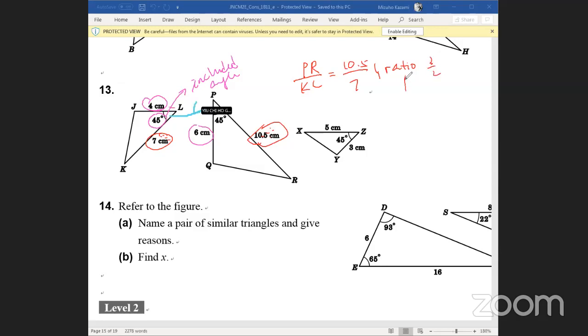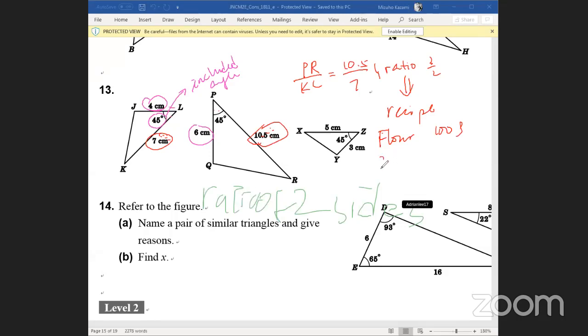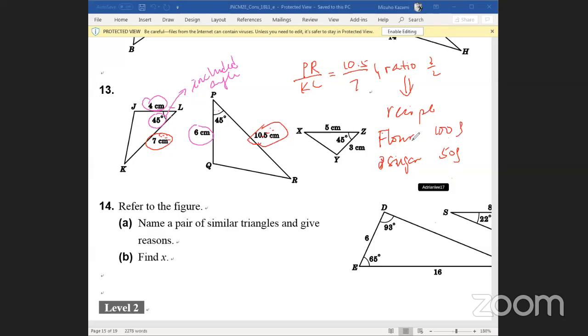Now for ratio, I think in your daily life, maybe not many of you cook yourself, but if you do some cooking and follow the recipe, for example, say flour, you need 100 gram, and then you need sugar, 50 gram. Then in this case, the ratio of flour to sugar is 2:1.